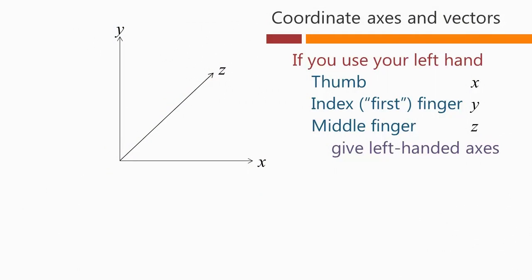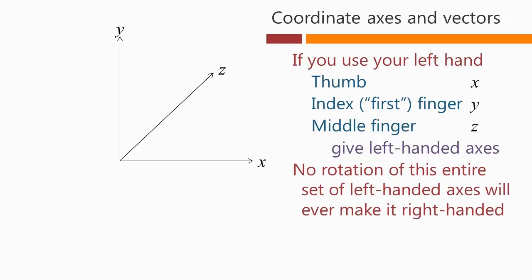If, on the other hand, you use your left hand with your thumb along x, your index finger pointing away from you along y, and your middle finger at right angles to both of those, with your left hand, you will get what are called left-handed axes. And no rotation of these axes will ever turn them into right-handed axes.